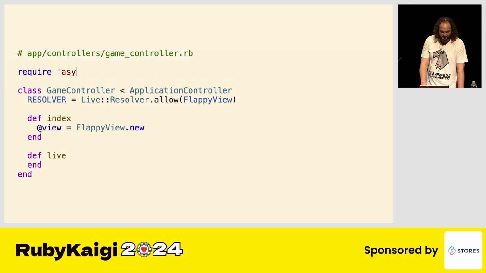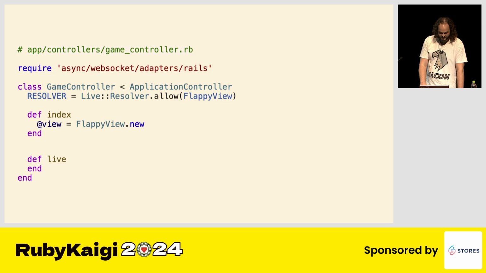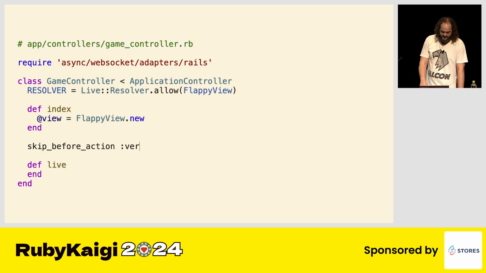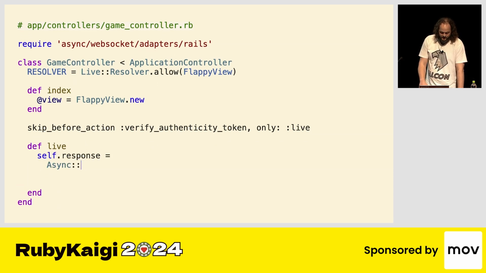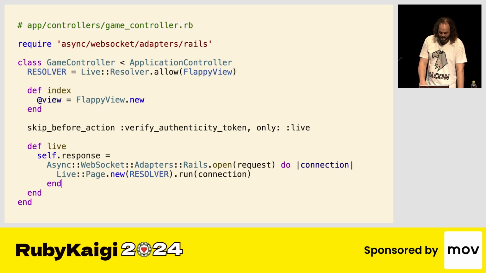Then we need to handle the incoming WebSocket connection using the Rails adapter. Since this WebSocket connection doesn't include CSRF tokens, we need to skip the CSRF validation. In the live action, we wrap the incoming request using a WebSocket and pass that connection to an instance of Live::Page, which handles all subsequent interactions between the client and server views.